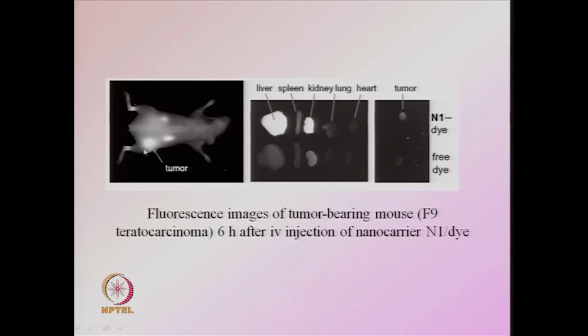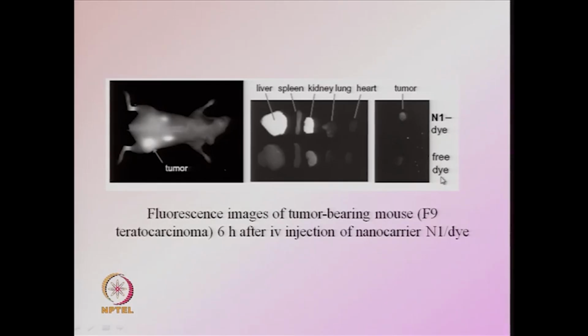So, the tumor cell you can see here, and you can see in the liver, in the kidney, and when you have the dye with that nano carrier, we call N1 the nano carrier, and it has the dye, then you can see the tumor cell much more easily.